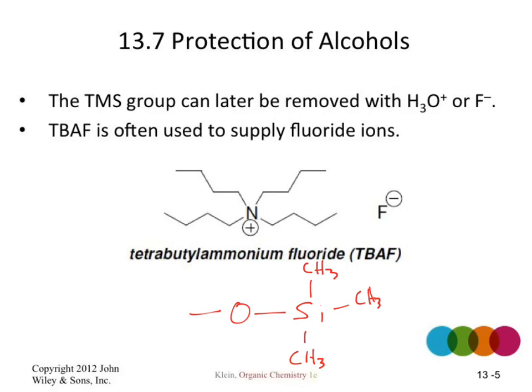So if we used a simple metal to set it up, that metal isn't going to be able to supply the fluoride ions because the metal is going to bind too tightly with the fluoride. The fluoride can't act as a nucleophile. So why do we use tetrabutylammonium? It's really, really big.